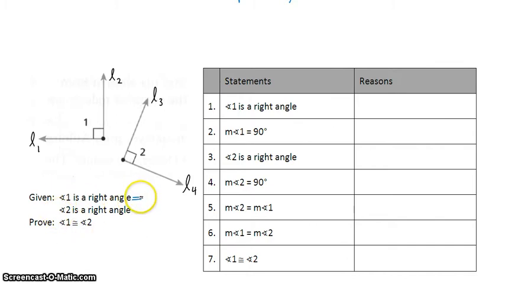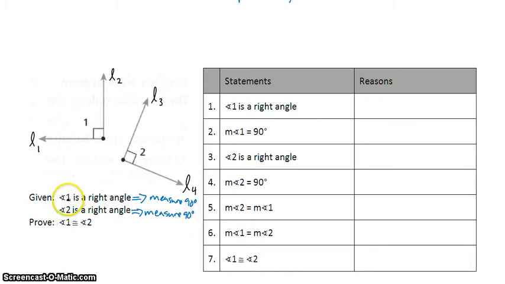So if we look at this first given, angle 1 is a right angle. What does that imply? Well, that implies that its measure is 90 degrees. And if we look at our second given, angle 2 is a right angle. What does that imply? Well, that implies that its measure is 90 degrees.